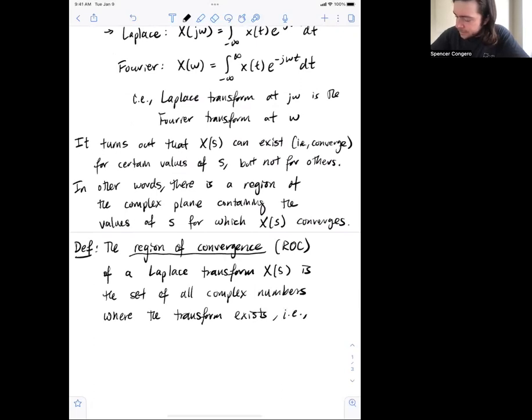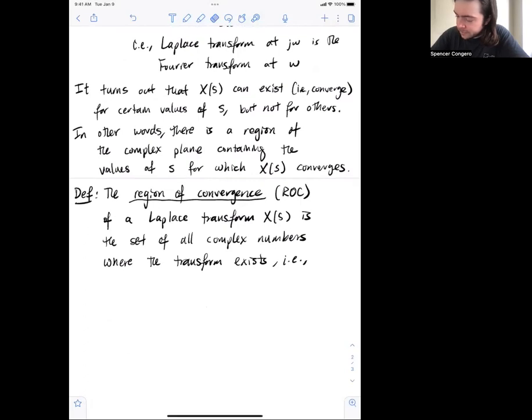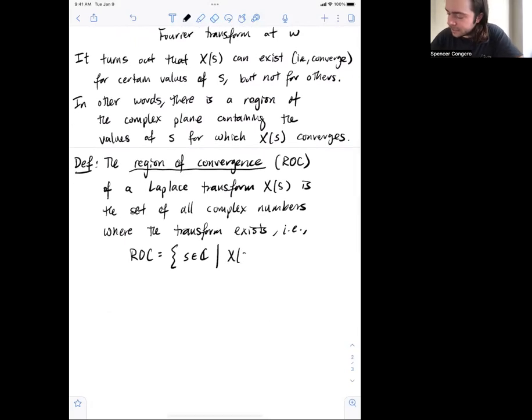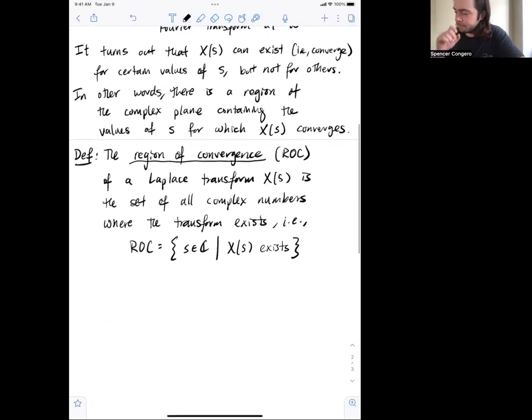So, in other words, if I want to write it more mathematically, the ROC is the set of all complex numbers s such that, that vertical line means such that, this Laplace transform exists. Okay, so that's the ROC.